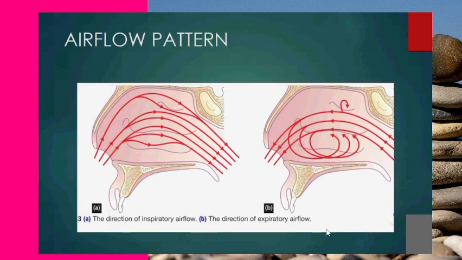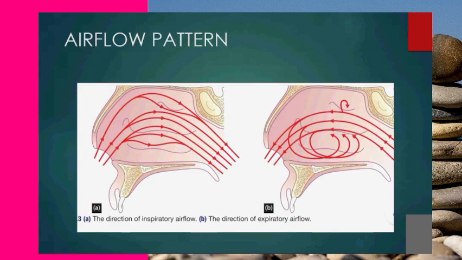What is the use of this turbulent flow? Because of this turbulent flow, the air can pass through each of the depressions and elevations. So the laminar airflow is changed over to a turbulent airflow during inspiration.